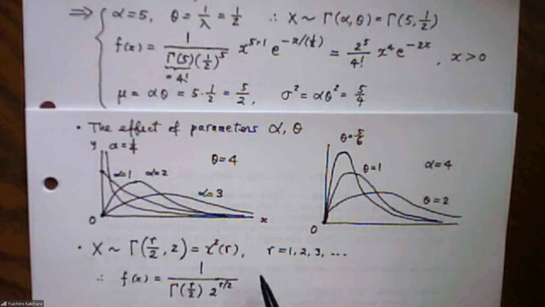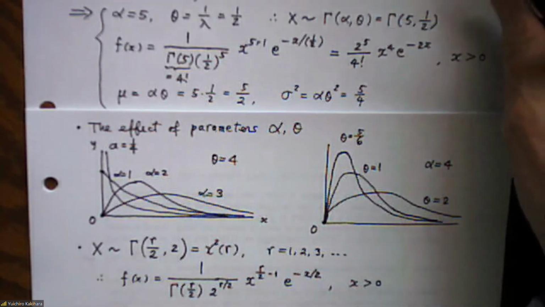And then times x to the alpha minus 1, so x to the r over 2 minus 1, and then e to the negative x over 2, since theta is always 2. And again, x is positive. So this is our density function.